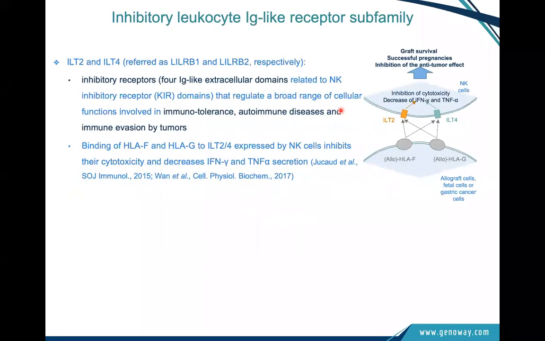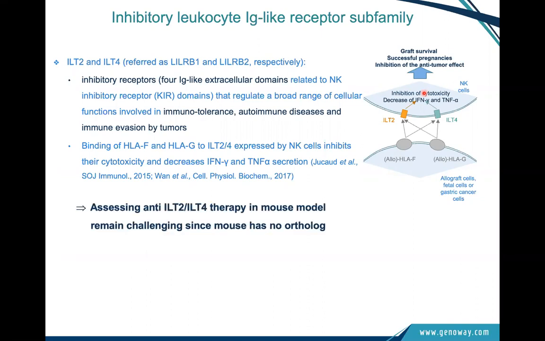So these receptors signal through ITIM domains, and they have as ligands both conventional and non-classical HLA molecules, and the engagement of those receptors by HLA would result in a decrease of interferon gamma and TNF alpha production and an inhibition of cytotoxicity.